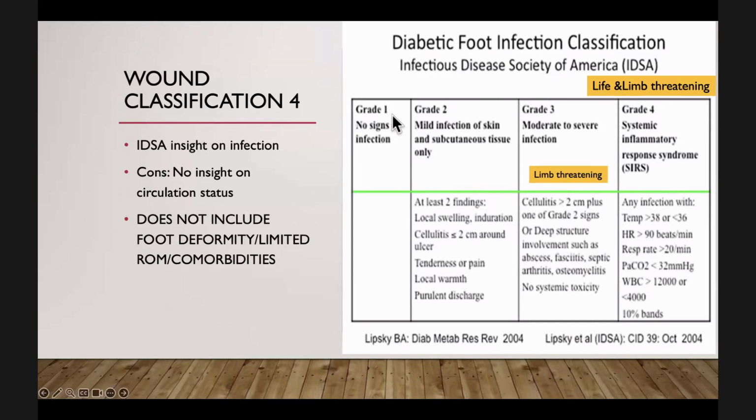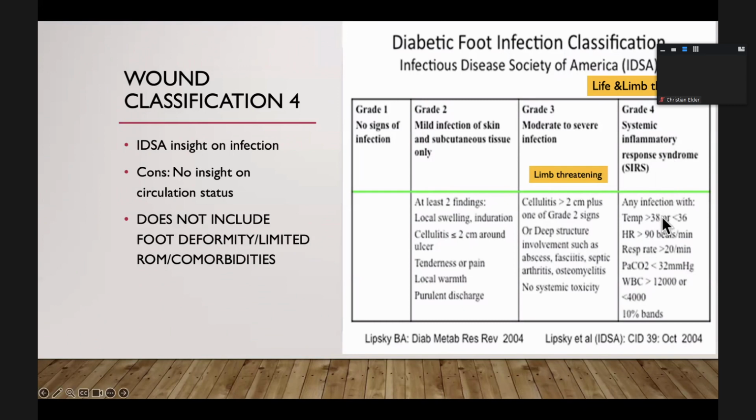So grade 1 is no infection. Grade 2 is what I was just talking about. It's a mild infection, right? And with that, you need to have less than 2 centimeters of cellulitis. If you have grade 3, which is moderate to severe, that's when you have your cellulitis more than 2 centimeters. So this is what I was trying to say. When it comes to your grade 3 and grade 4, the difference between them, you could have a severe infection, really bad infection, probes down to bone, pus coming out from everywhere.